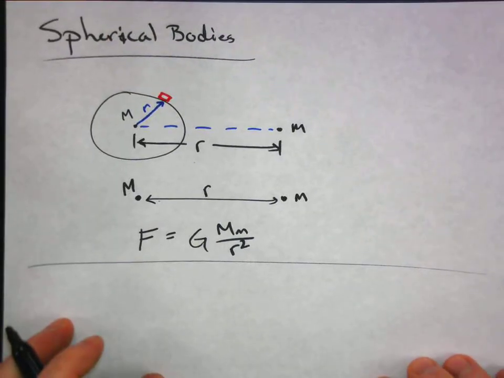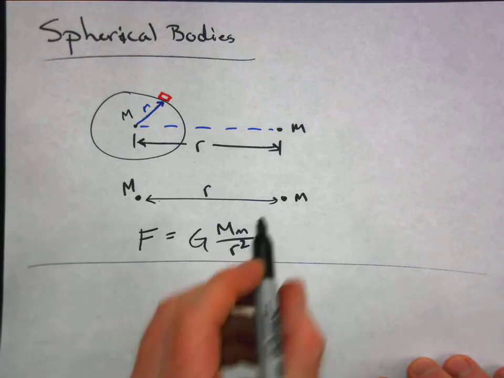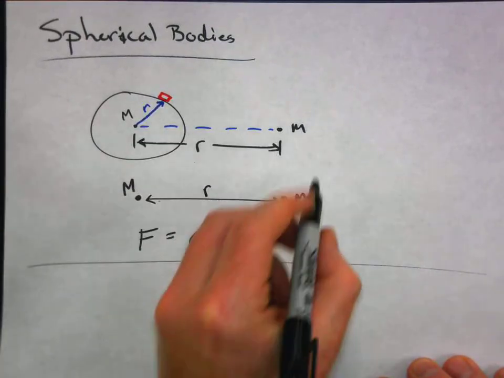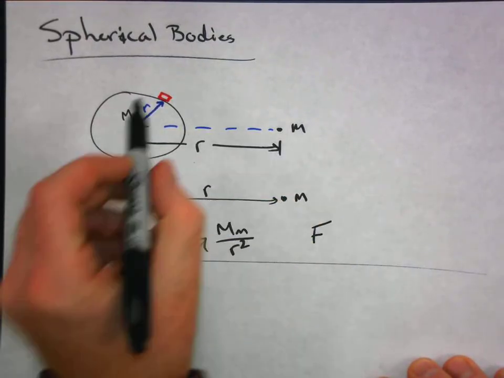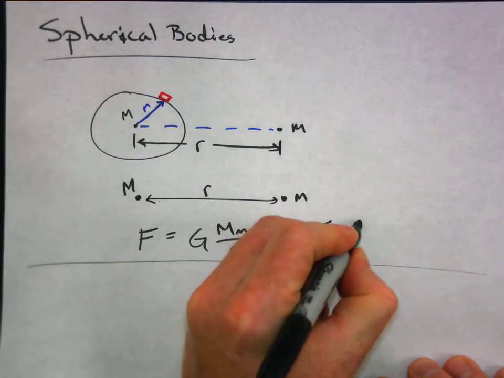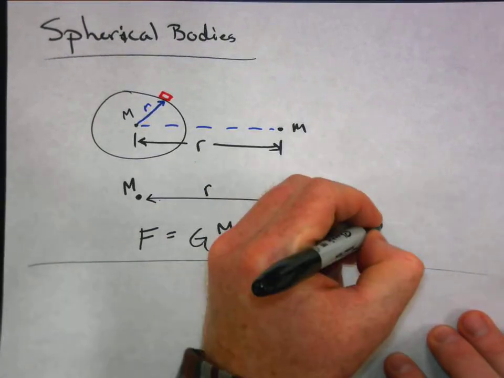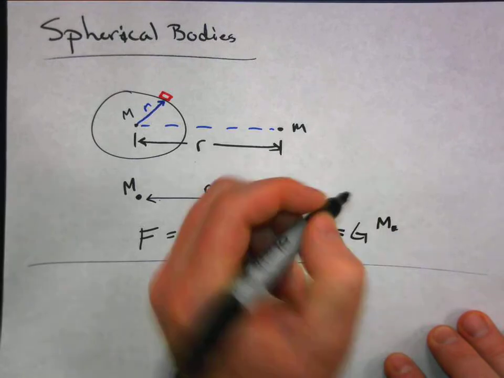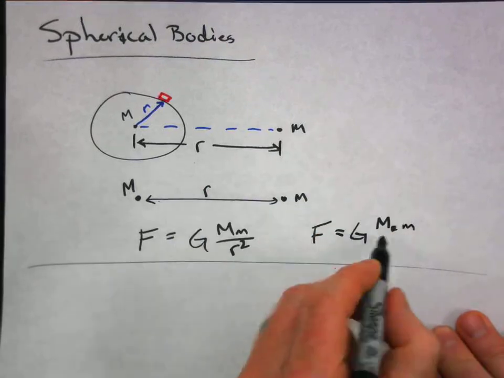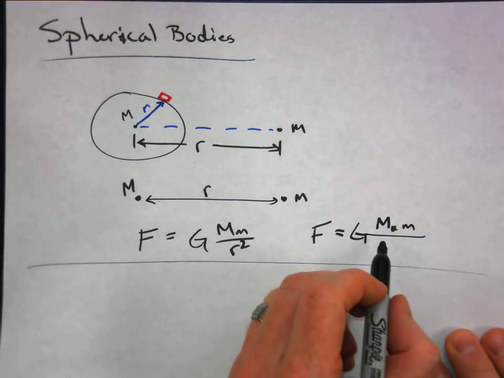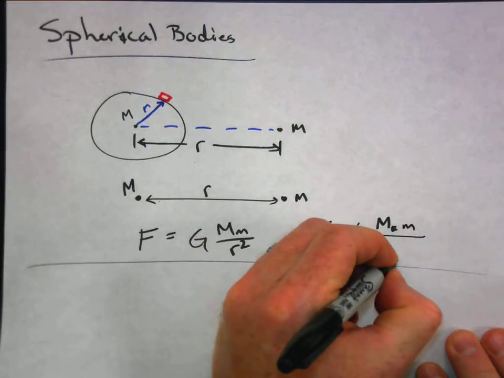So we can look at this situation, and we will have the force of gravity acting on that object. For this, we have the gravitational constant, mass of Earth. We're going to get a little more specific. We have the mass of that object. And now this radius is the radius of Earth.